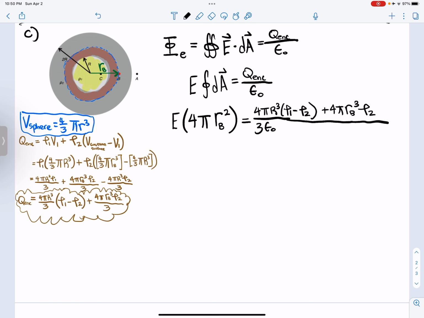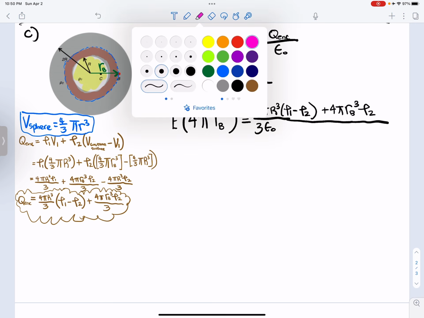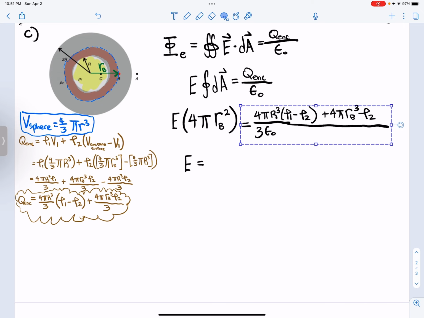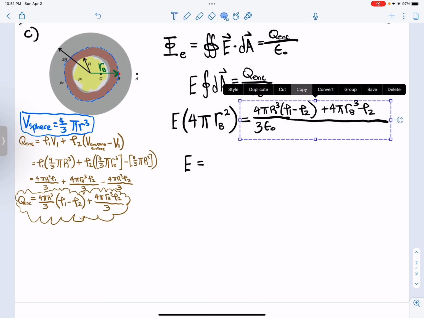Okay, so I'm just going to move this term for the Gaussian surface area to the right side of the equation so that I could find my electric field at point B. So E is going to equal 4 pi, I'm not going to rewrite that because that would be ridiculous. Copy.